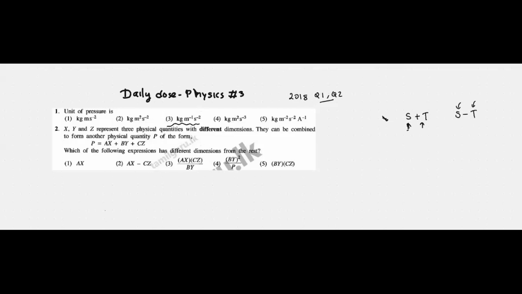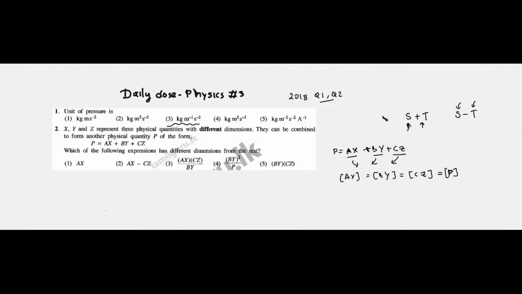So you can see here they have added ax, by and cz, which means these three have the same dimension, and the answer also will have the same dimension. Therefore P also has the same dimension as ax, by and cz.